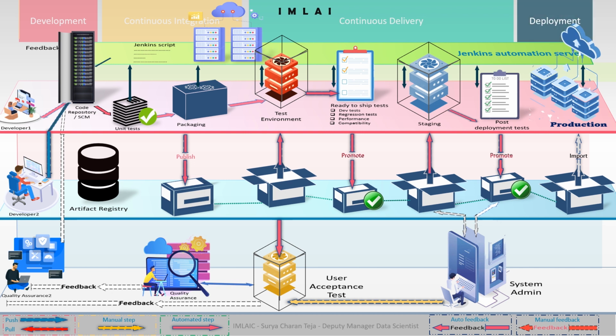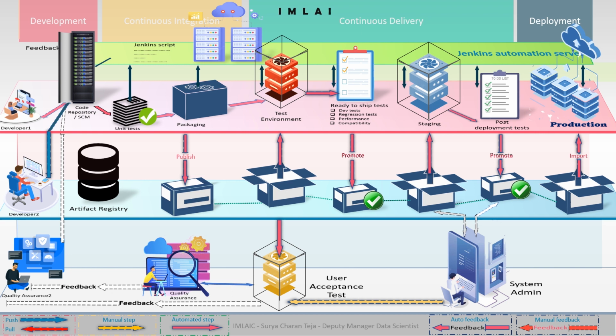Here our production server will pull the healthy, completely tested, validated artifact into the production server, and then it will be deployed and exposed to the external world. So the last one is deployment.